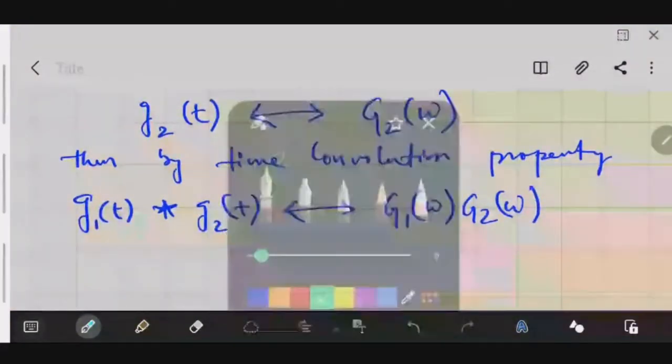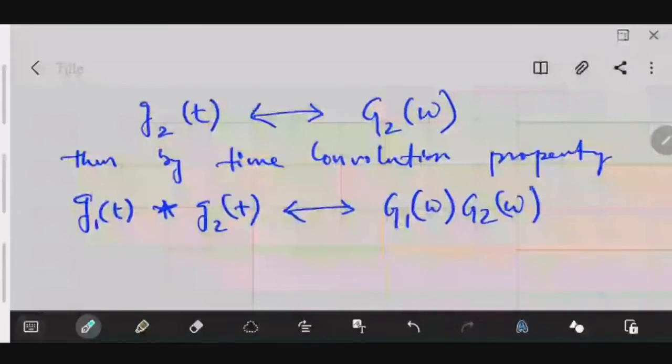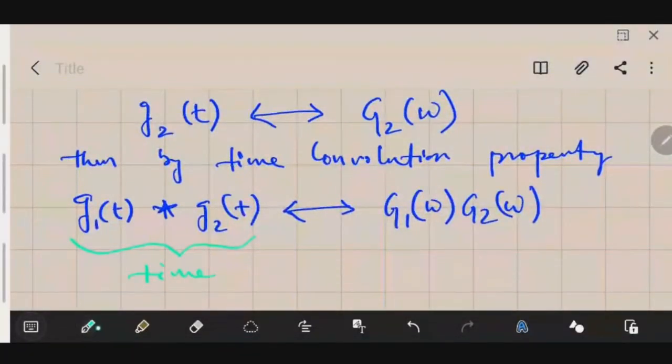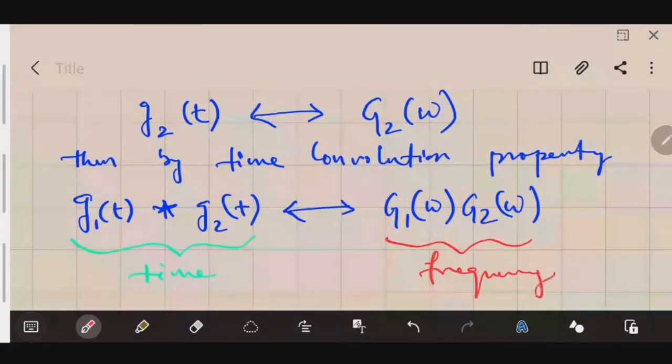Here you could see this thing is in the time domain, and this thing is in the frequency domain. What does this mean? When you are convolving signals in the time domain, that is similar to just multiplying the two signals in the frequency domain.